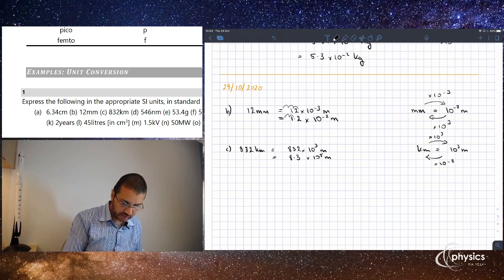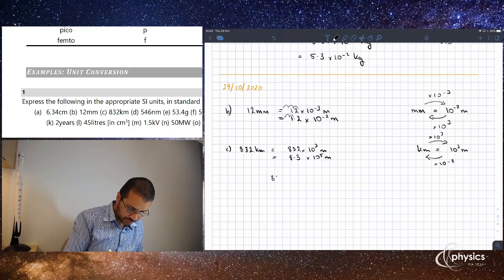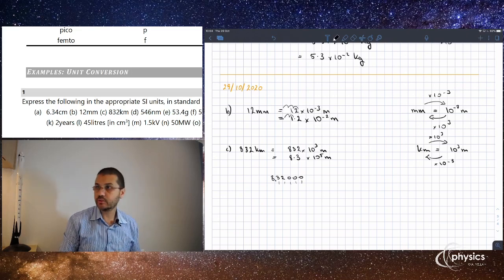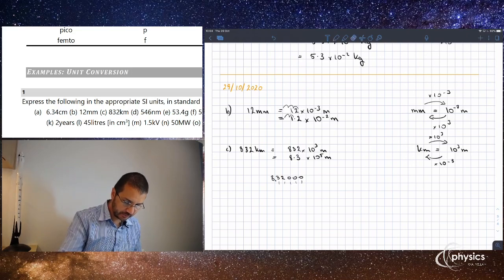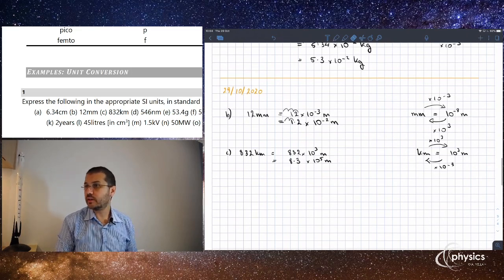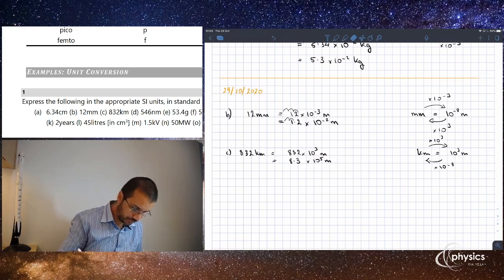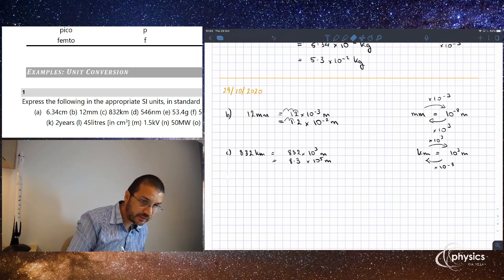Why? Because 832 times 10 to the 3, so 8.3, if we move the point 1, 2, 3, 4, 5. Therefore, it's 8.3 times 10 to the 5 meters. Sound alright? Any problems? Okay, so let's continue. D.